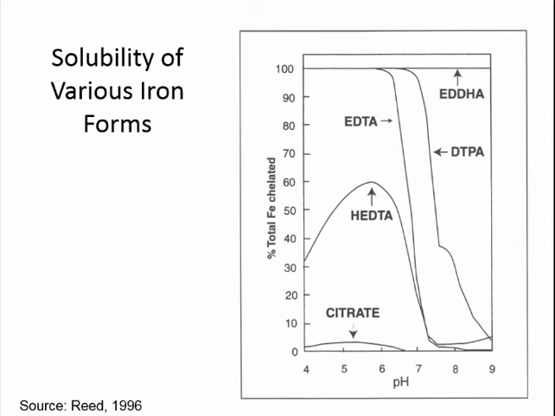With iron sulfate, we find that solubility really goes down fast after about 6.5, and you can see from this chart with EDTA, solubility is pretty good till about a pH of 7. With DTPA up to about 7.5, and then EDDHA is soluble across that broad pH range.